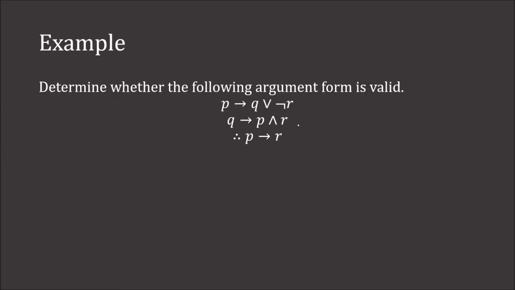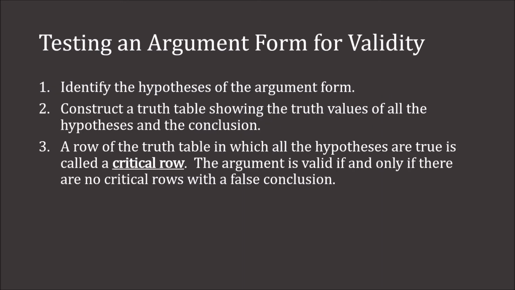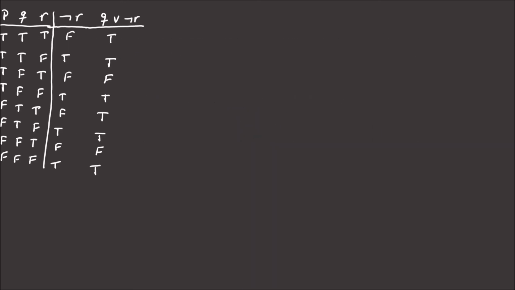Let's now create a column for P and R. A conjunction is true only when both are true. So row 1, both are true. Row 3, both are true. And false everywhere else.